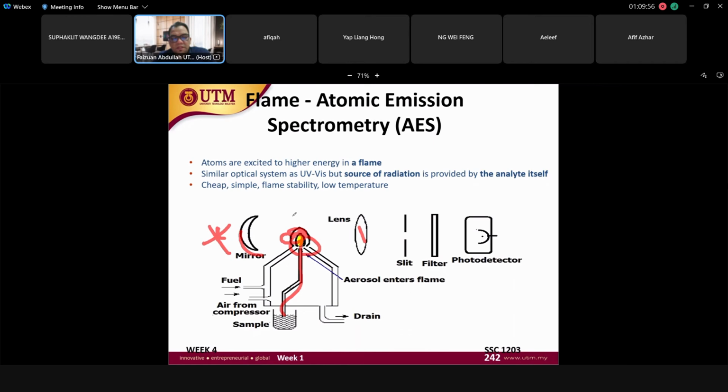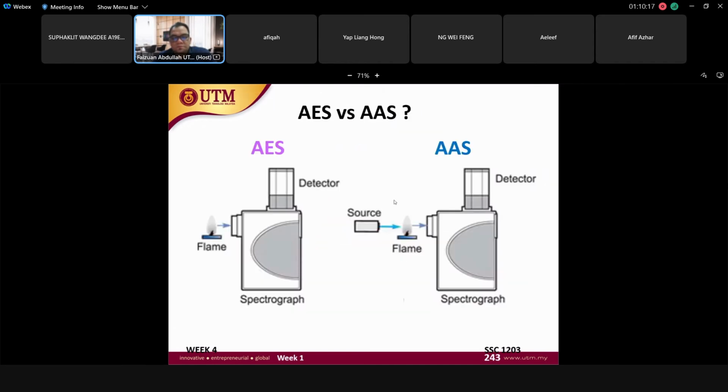So when the atoms are excited and go back to the ground state, they emit some energy, which passes through the lens, slit and filter and is detected by the photodetector. So what is the difference between AES and AAS? The light source. AES doesn't have any light source, right?